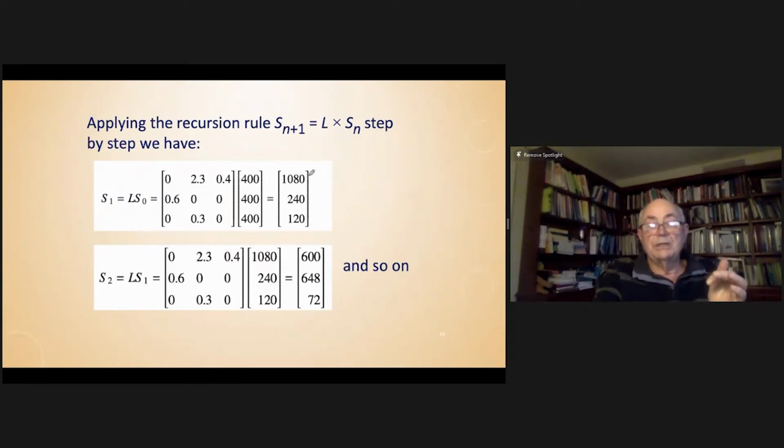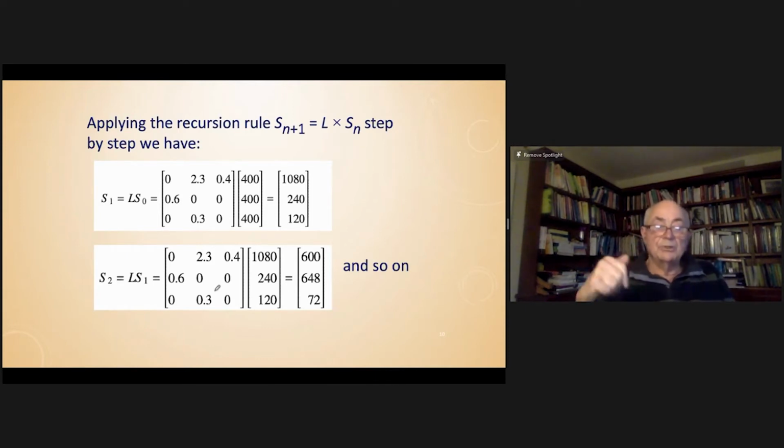And as you can see here, there's an increase here, a decrease there, and a decrease there. So on, we can step our way through the whole problem and find S2, which is actually a matrix representation of the age distribution of these seals.